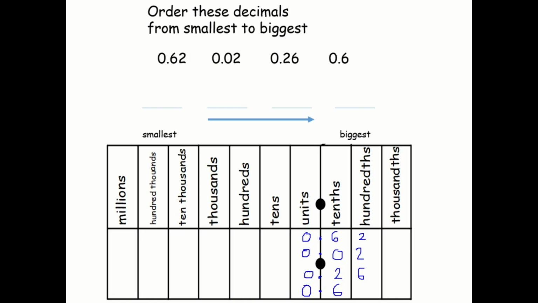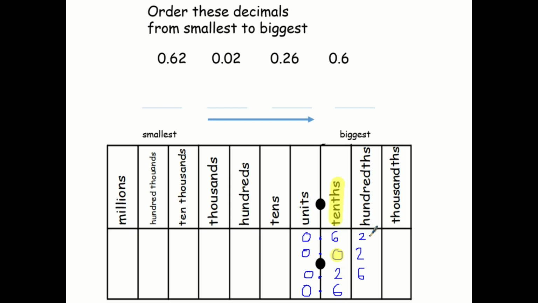Okay, so again, I've got nothing in this units column here. 0, 0, 0, 0. Okay, so then I have to pay attention to the tenths column. Well, I've got a 6 there, a 0 there, a 2 there, and a 6 there. I'm not sure about these ones that have both got 6s at the moment, but I can tell easily that this one is the smallest number.